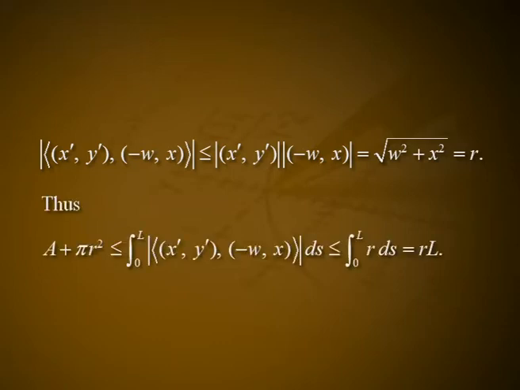Thus, A plus pi r squared is less than or equal to the integral from 0 to L of the inner product of x dash, y dash with minus w, x ds, less than or equal to the integral from 0 to L of r ds, which is equal to r L. We have thus shown that A plus pi r squared is less than or equal to r L.